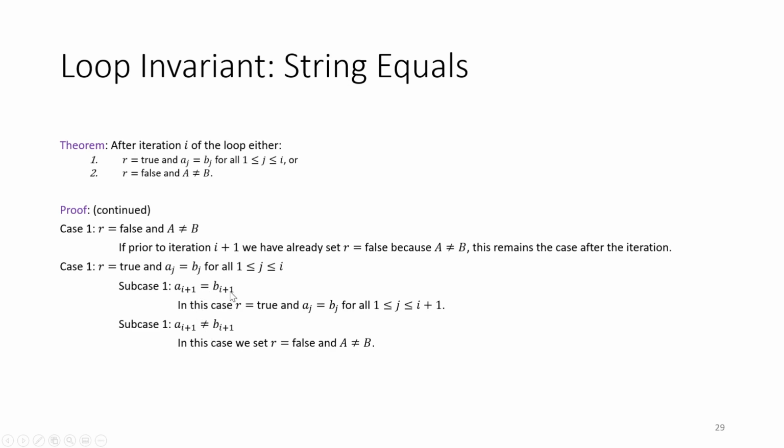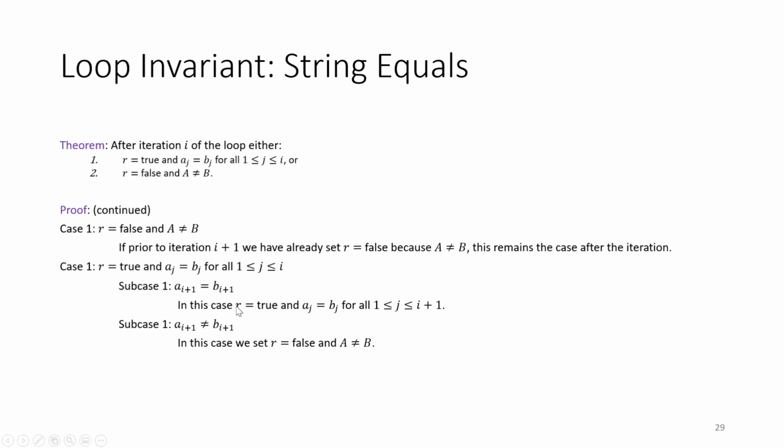So the first subcase I chose is, well, now we're focusing in. Why do we need subcases? It depends on what happens in this iteration. In this iteration, we're actually going to compare a[i+1] to b[i+1], right? And if they're actually equal, which is what we're trying to confirm here, then we don't change anything.